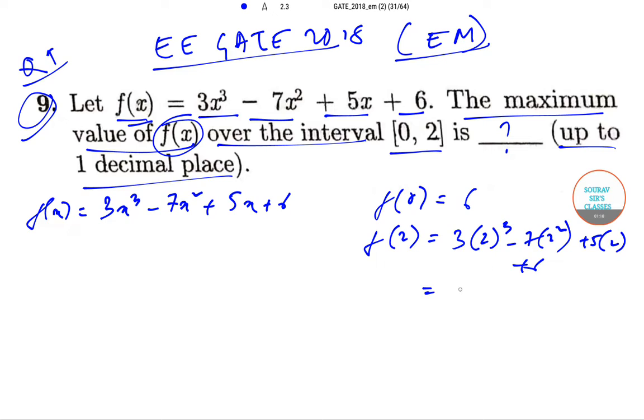So this is 3 × 8 = 24, minus 7 × 4 = 28, plus 10 plus 6. So 24 plus 10 is 34, 34 plus 6 is 40, and 40 minus 28 equals 12.